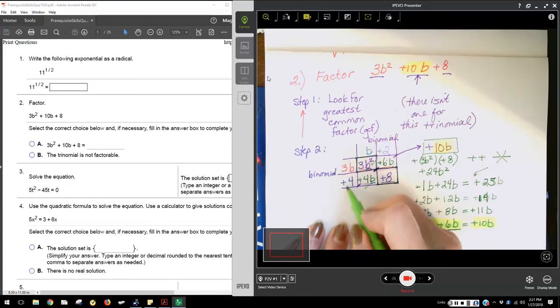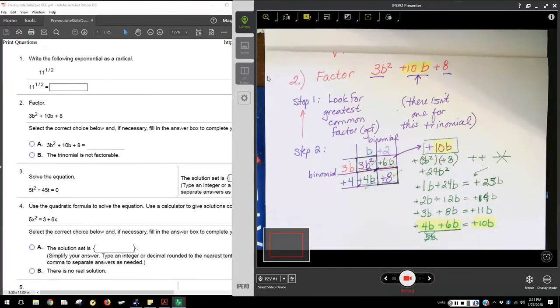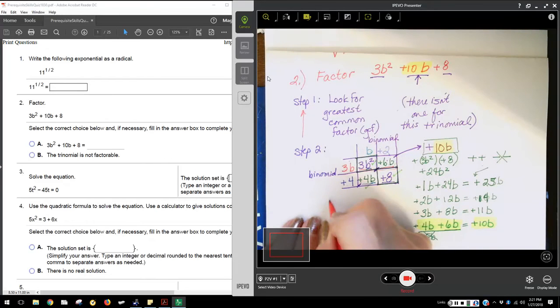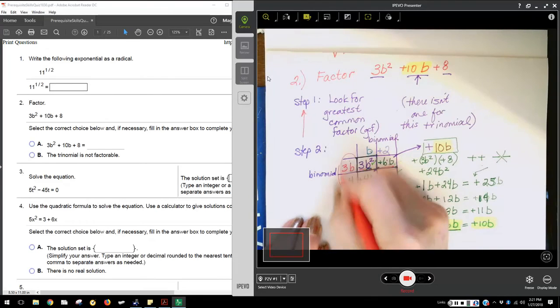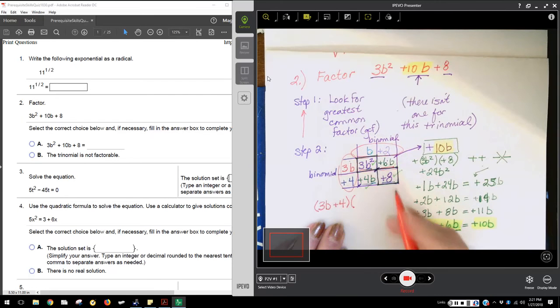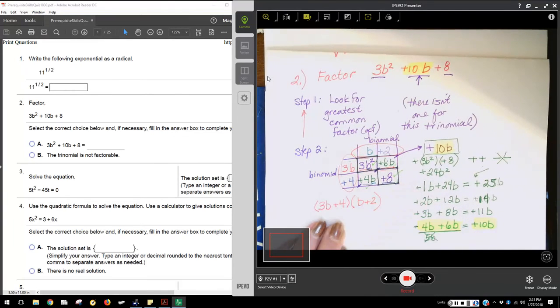And we look at 4 times 2, and we get 8. Therefore, the factors of 3b squared plus 10b plus 8 are 3b plus 4 and b plus 2. And we have now factored the expression.